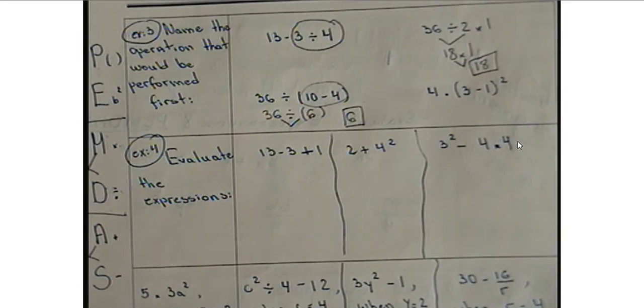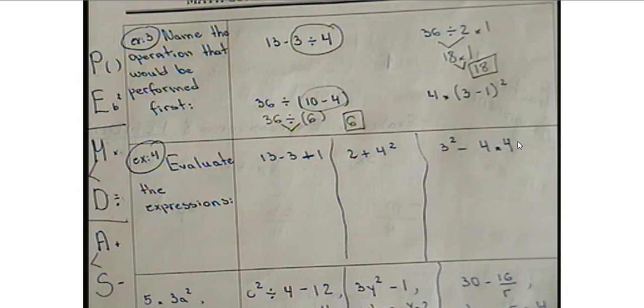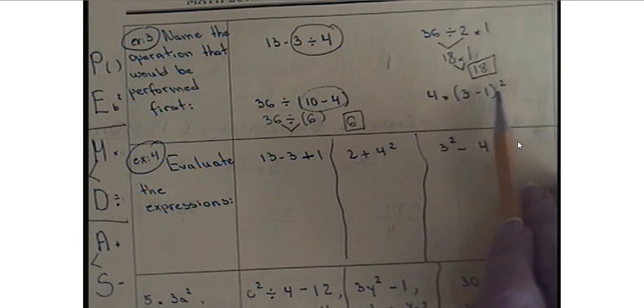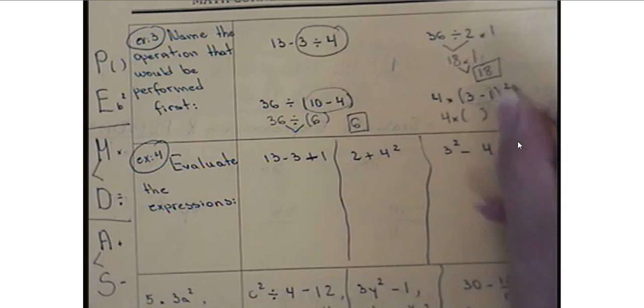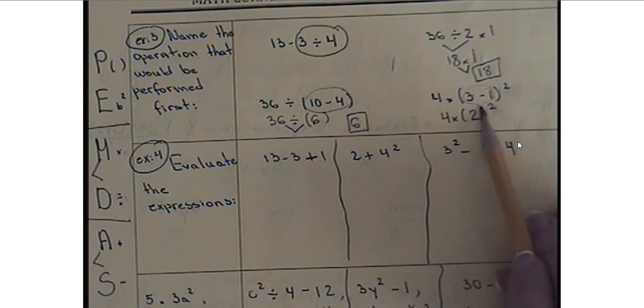Okay, next example, 4 times, so again this is a multiplication, 3 minus 1, this whole thing to the second power. Now notice that the second power is outside of the parentheses, so we need to calculate what is inside first. And I'm gonna write 4 times, inside the parentheses 3 minus 1 is 2 to the power of 2. So I simplified that first.